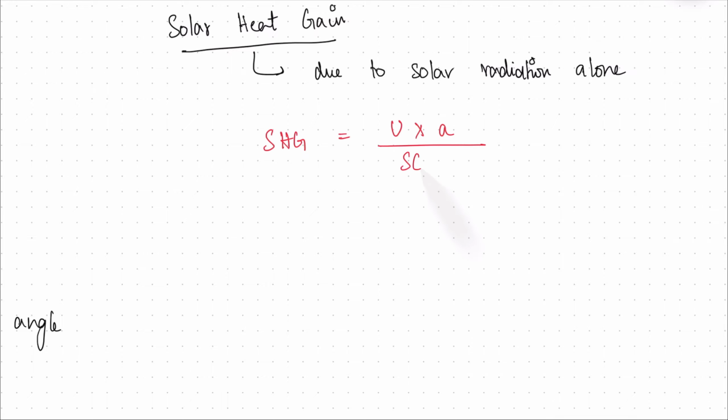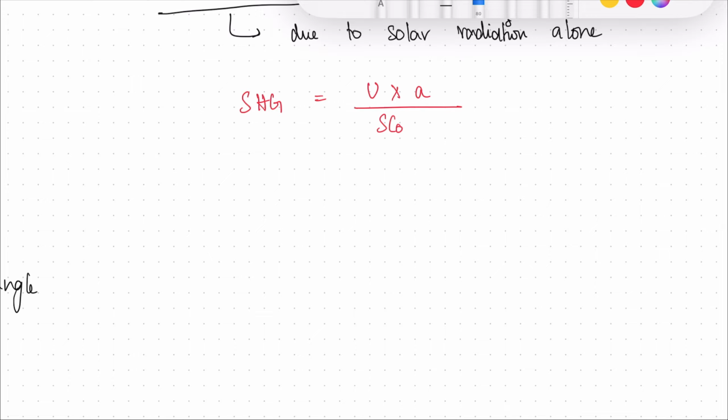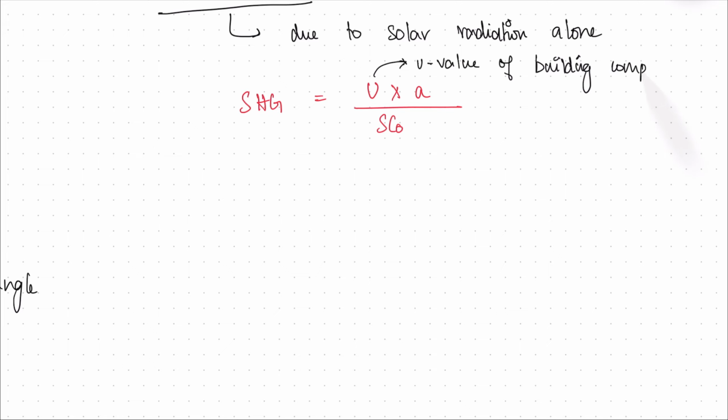U is the U value of the building component, and A is the absorbance of the external surface.